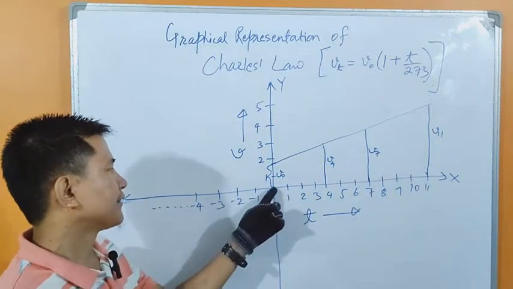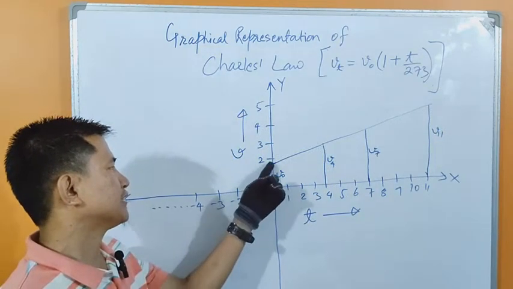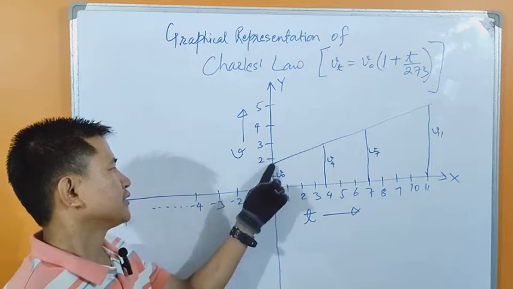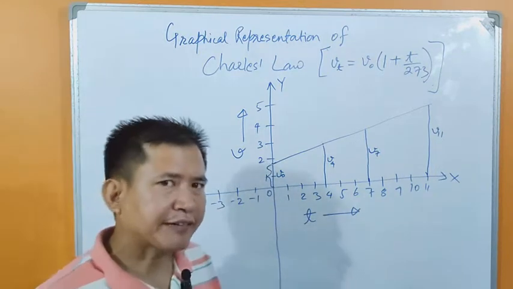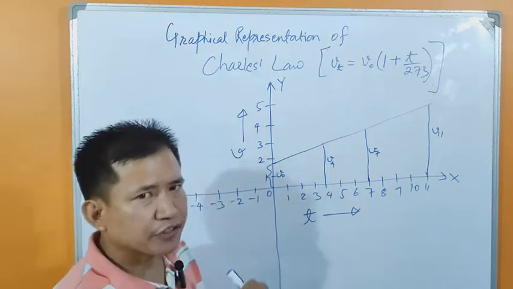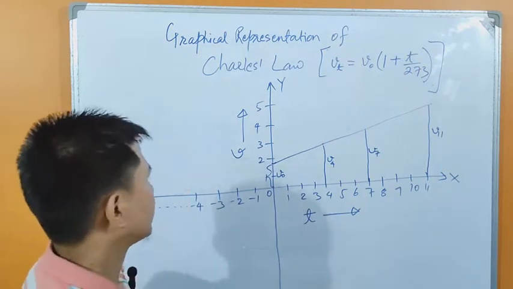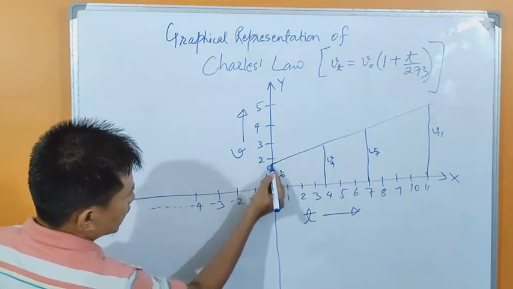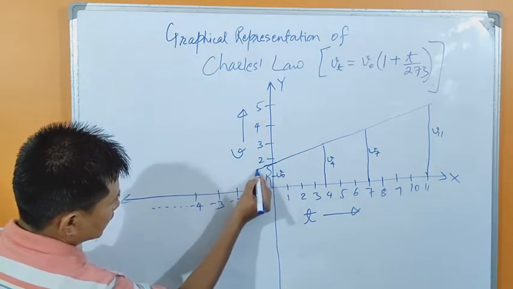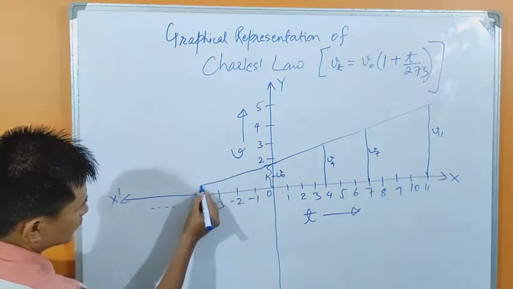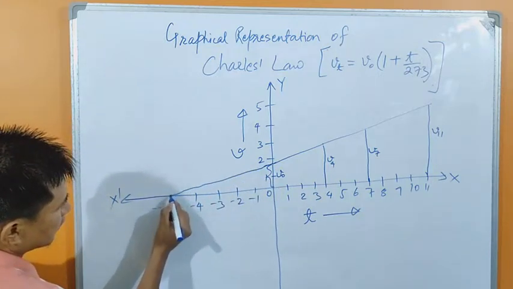Now, we saw that the volume of gas at 0 degrees Celsius is this much, isn't it? So this is V naught. If we decrease the temperature below 0 degrees Celsius, what happens? Let's see. Suppose I continue decreasing the temperature, this line will meet somewhere here.